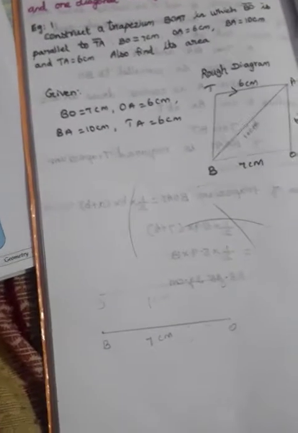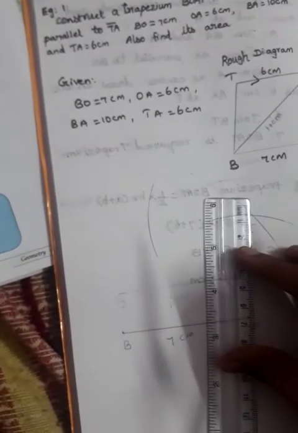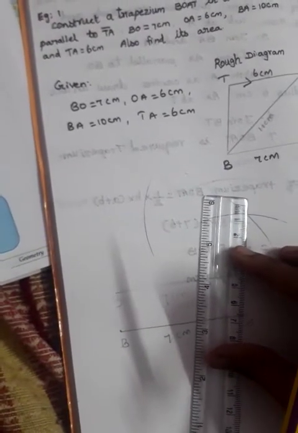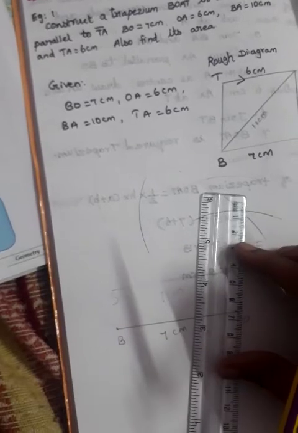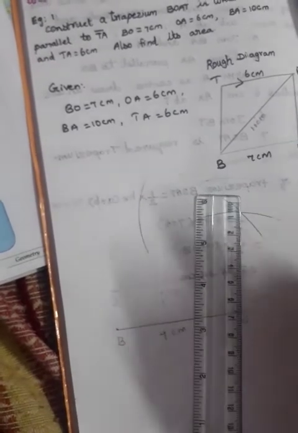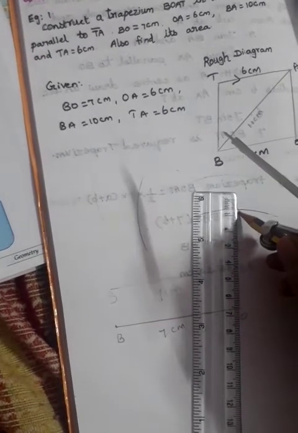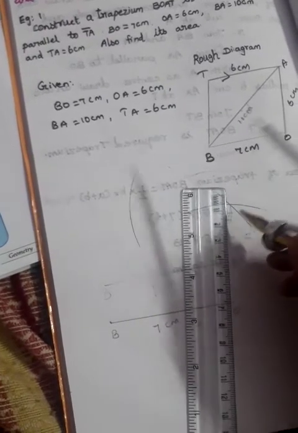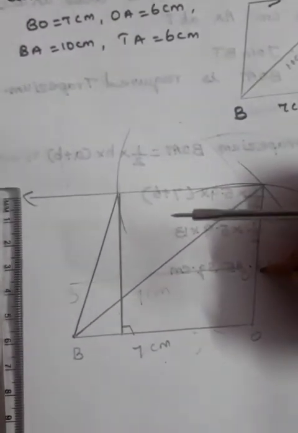Then join a line from O to A, that is 6 cm.